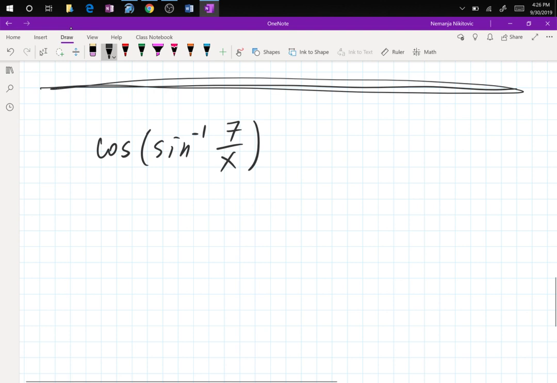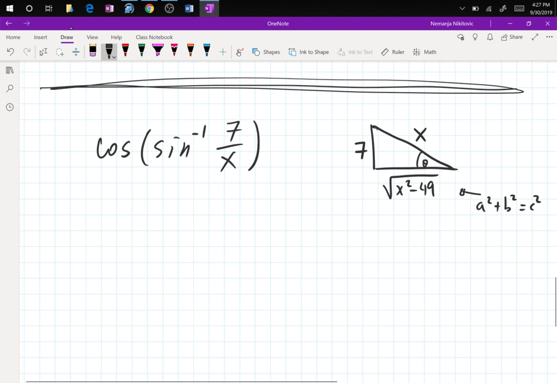These problems you have seen in pre-calculus, and the way to solve this is to draw the triangle and use the sine as a what? Does anyone remember? Opposite over hypotenuse. Beautiful. And when you write opposite over hypotenuse, you can calculate the third side using the Pythagorean theorem as square root of x squared minus 49. So to get this, you would use a squared plus b squared equals c squared, the Pythagorean theorem for the right triangle.